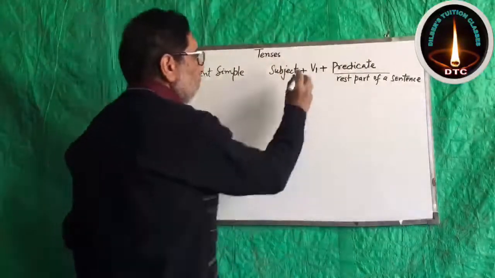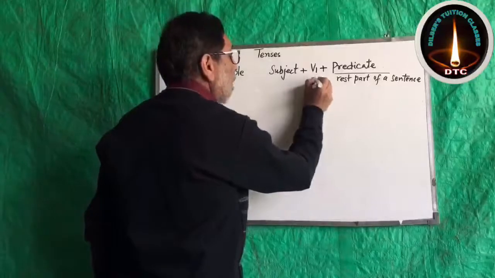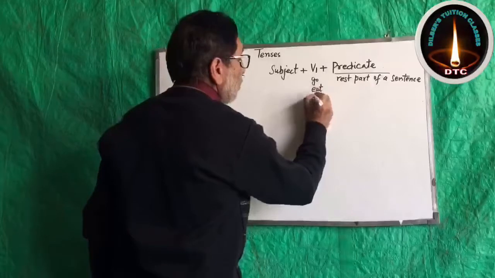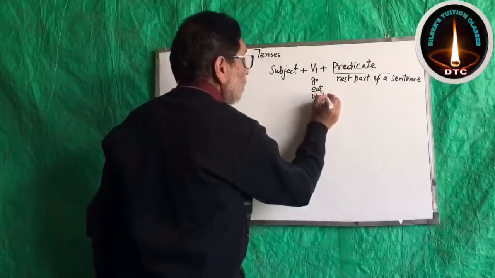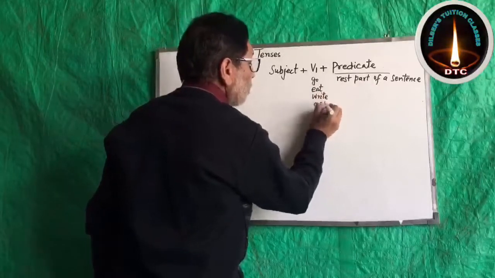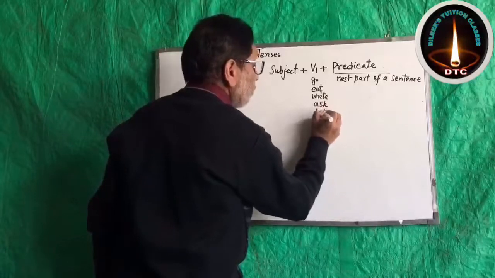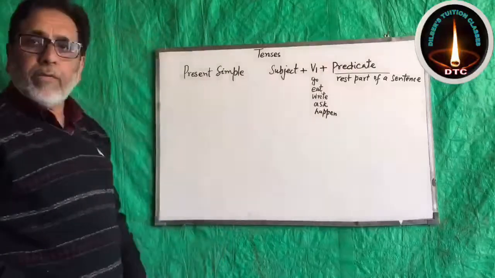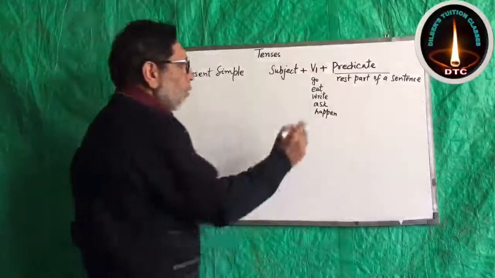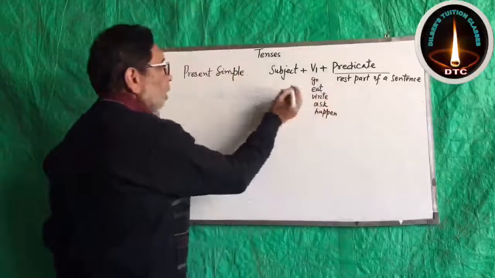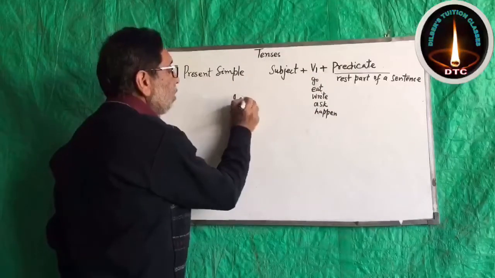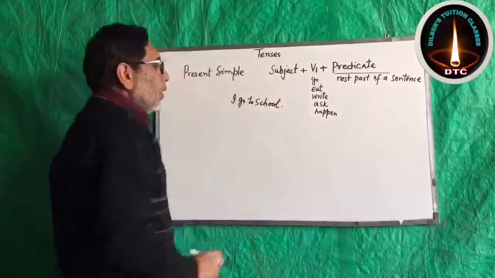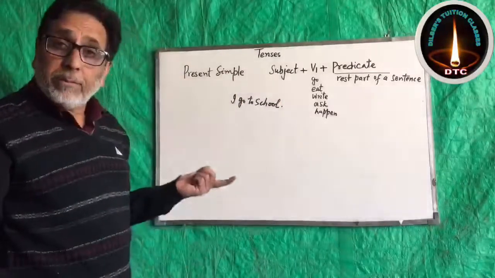For example, you might have first form of verb as go, eat, write, ask, happen, etc. These are the first forms of the verb. If you say I go to school, this is a present simple tense.